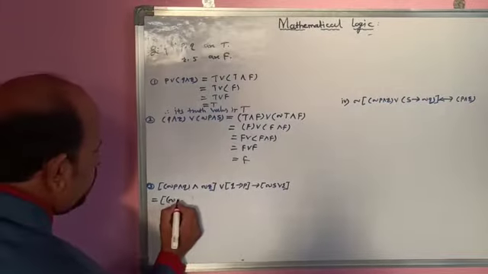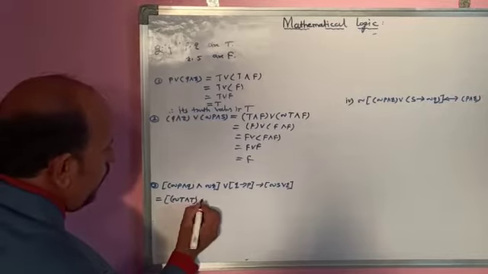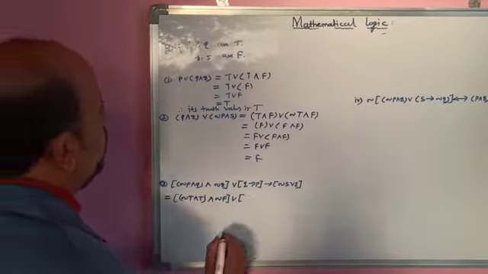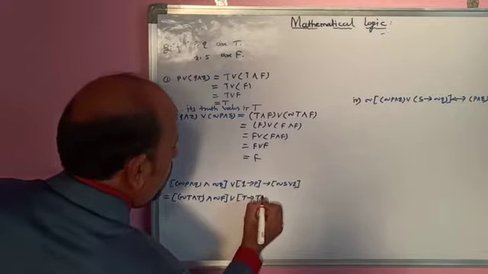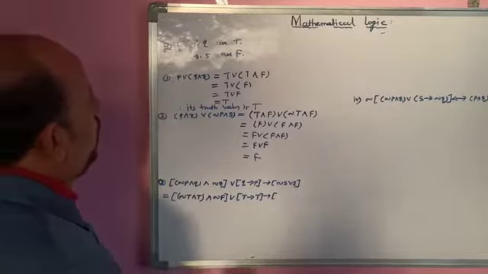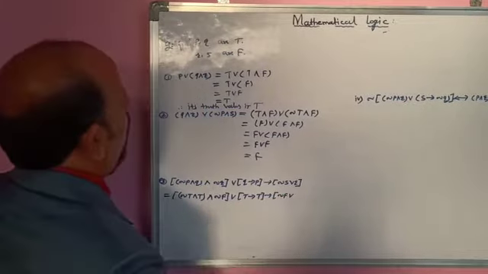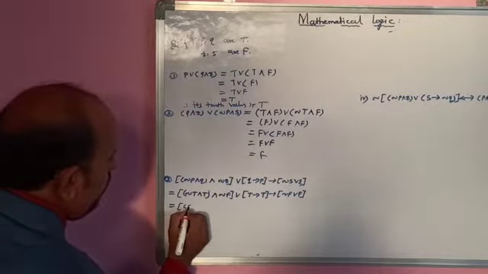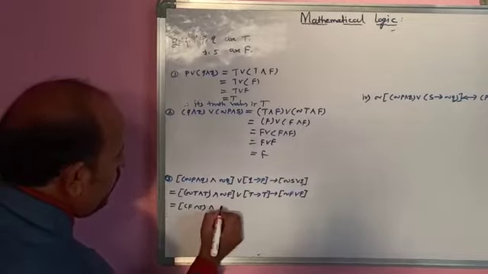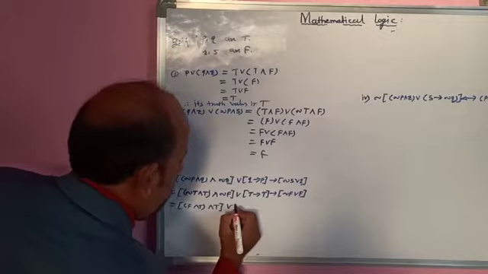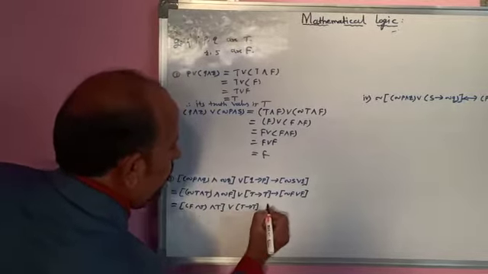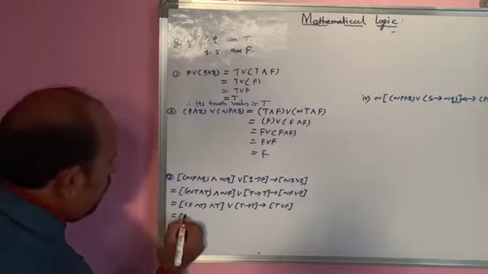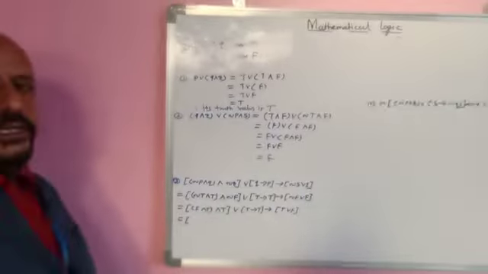Negation of P means T, and Q means also T, and negation R means F, or Q means T implies P. Negation S means F, negation of R means F. Negation T means F and T, and negation F means T, or T implies T.